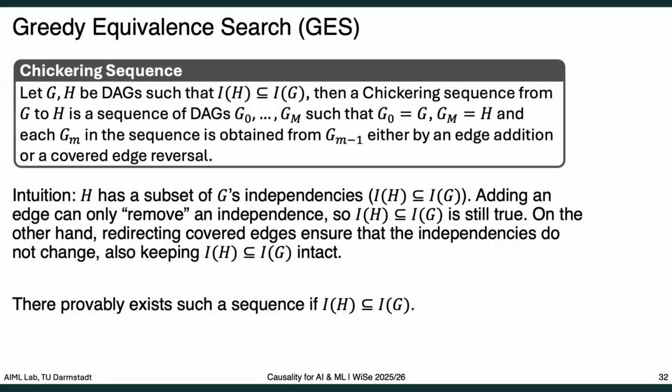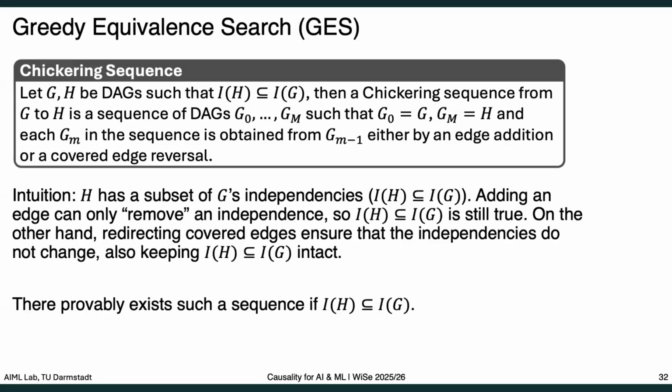But if we redirect a covered edge, we know that we don't change the independencies. So the independencies only decrease by going through this Chickering sequence. We can never first have a larger number of independencies and then a smaller number. We can only remove or keep the independencies unchanged, but we can never add one.